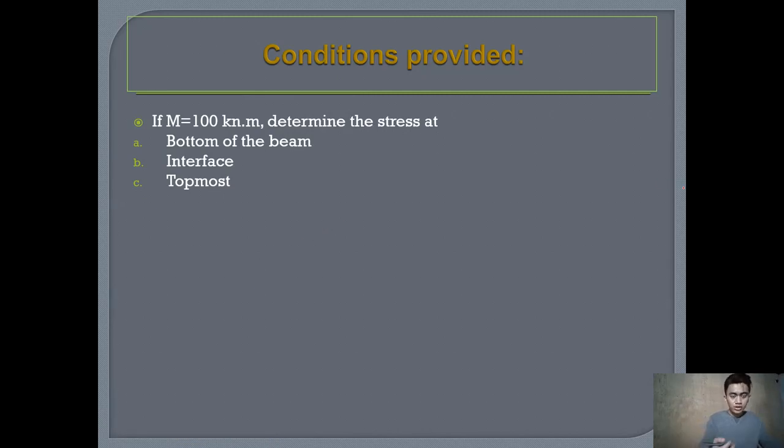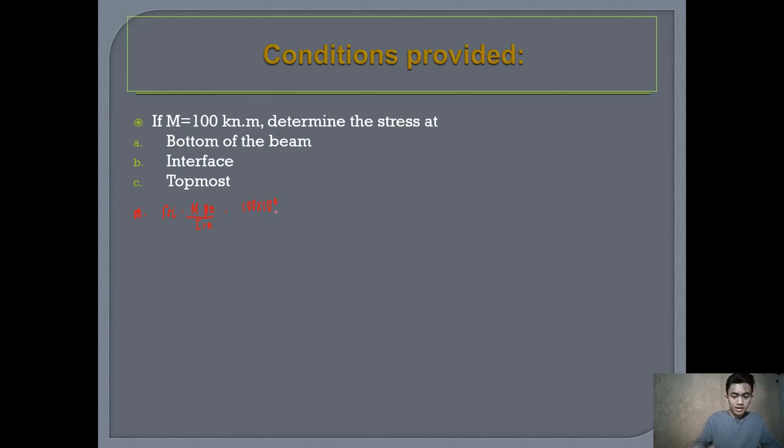So let us start off our computation with letter A. So for letter A, at the bottom part now of our composite beam, I have here fSI now is equal to M, which is the moment, multiply this by our distance now from the bottom of the composite beam, that is Y bottom, all over the transformed moment of inertia, which is ITR. So our M now is equal to 100 times 10 raised to 6.